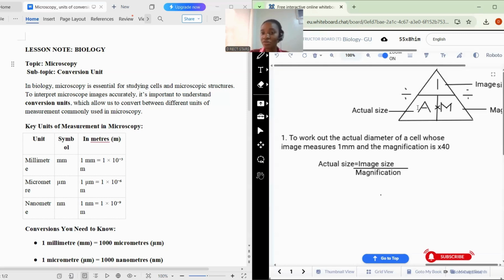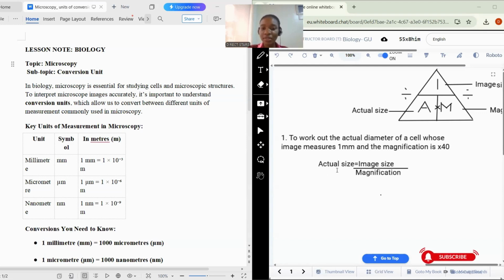So to locate the actual size, you would say actual size is equal to image size divided by the magnification. If you're looking to get the image size, you would say the image size is equal to actual size times magnification. Take a look at this diagram. It just explains everything. You can see the multiplication sign right here to tell you that I is equal to A times M, and M is equal to I over A, and A is equal to I over M. This is just a simple formula.